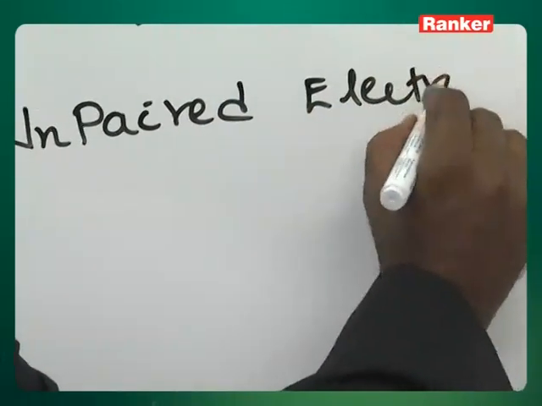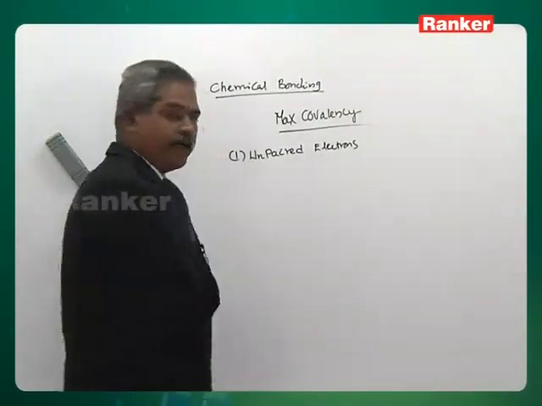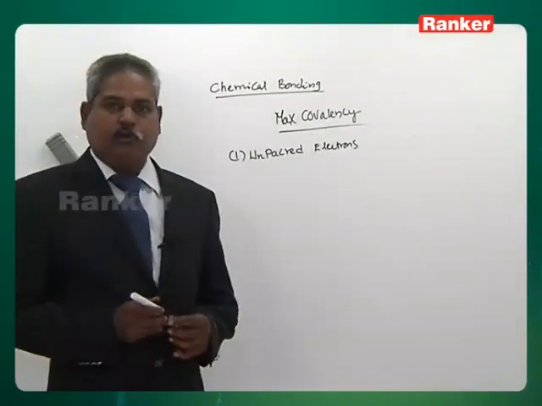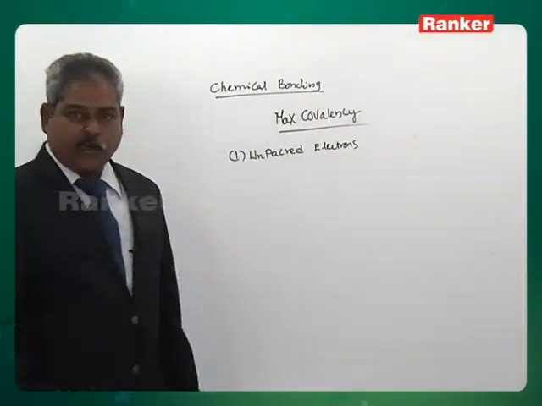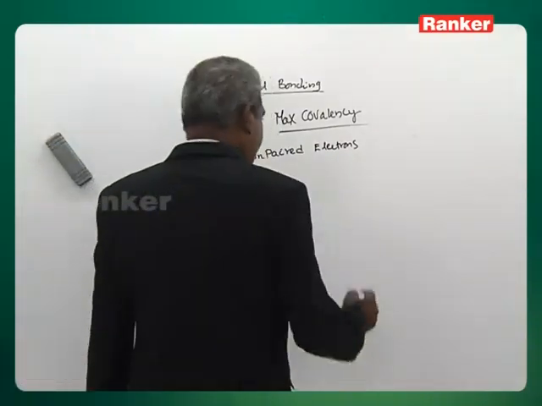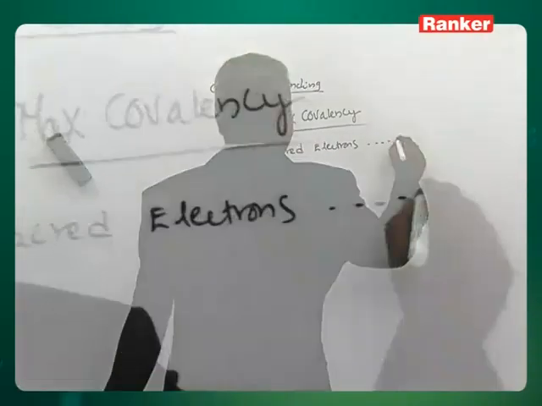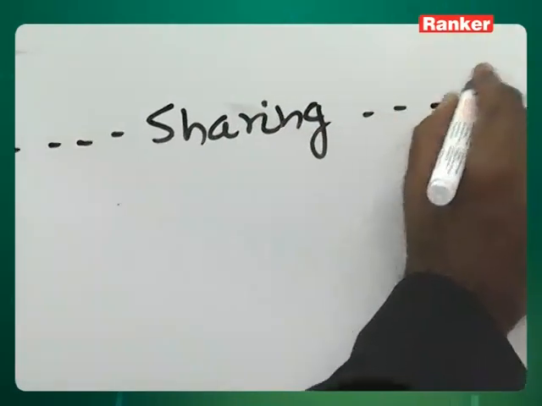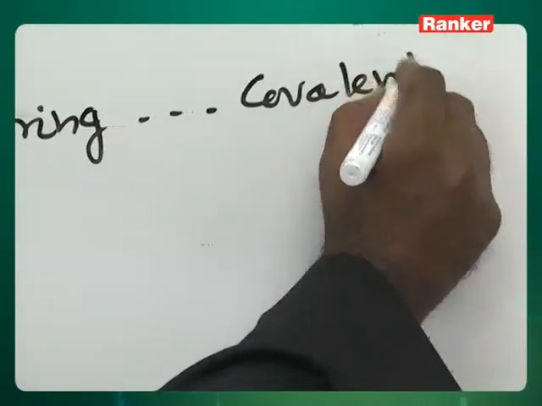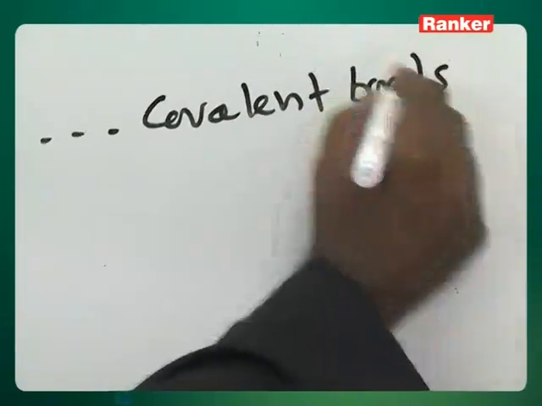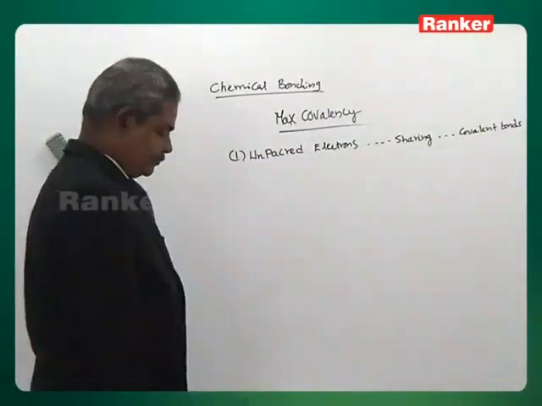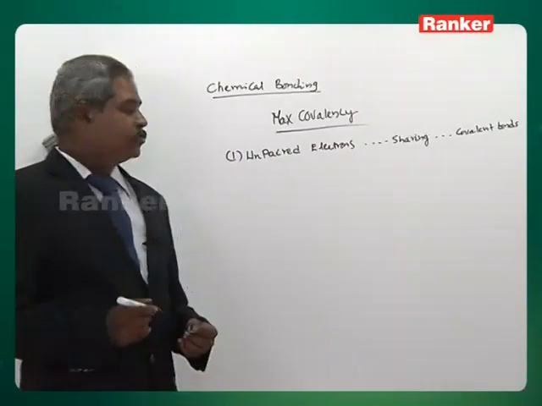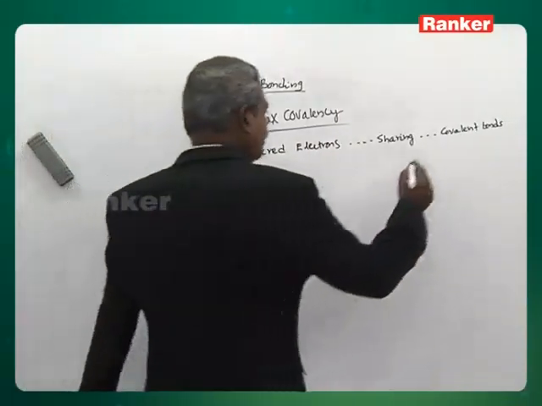Suppose there are unpaired electrons in the electronic configuration. When you write the electronic configuration, if you come across unpaired electrons, unpaired electrons are used in sharing and covalent bonds are formed.